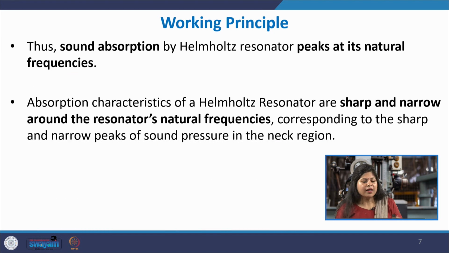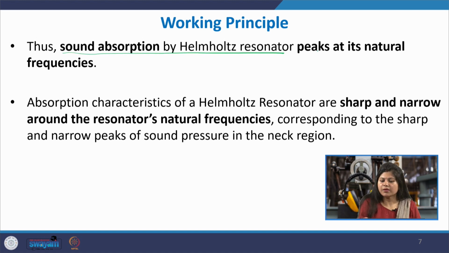Therefore, the maximum dissipation happens at resonance, which means when the frequency of the sound wave matches the frequency of the oscillator, you have the maximum vibrations and hence the maximum energy dissipation. So, the sound absorption of this Helmholtz resonator will peak at its natural frequency.